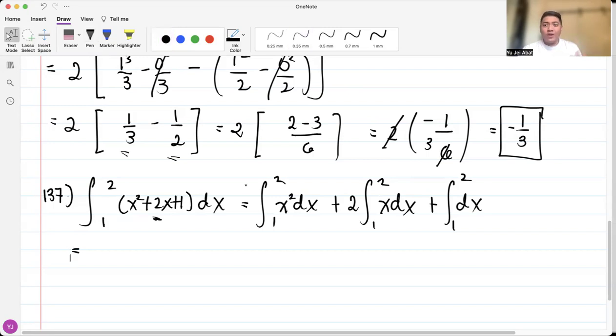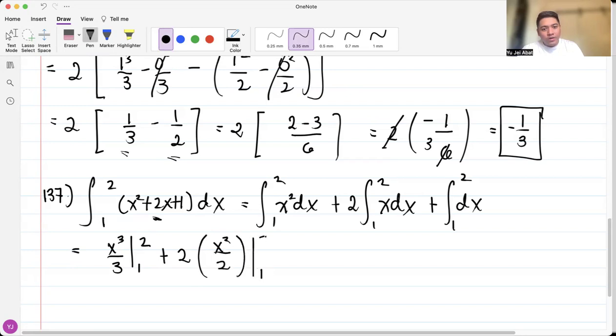But the other way around, you can do whatever method you like. So we have x cubed all over 3 from 1 to 2, plus 2 times x squared all over 2 evaluated from 1 to 2. Then the integral of dx will be x evaluated from 1 to 2.